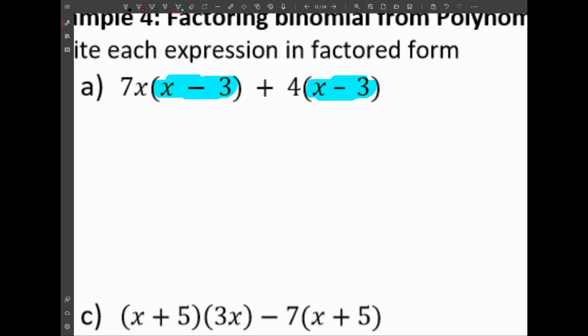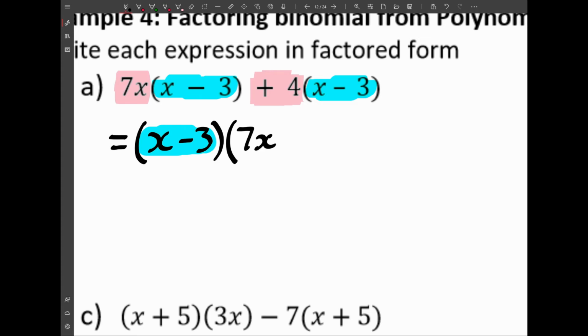It's in both terms. So then I look and I pull out an x minus 3. That's the first thing I want to do. Then I say, okay, what's left over here? Well, 7x and positive 4. Don't drop the sign. Really important, we keep the sign there. So we're left with 7x plus 4.